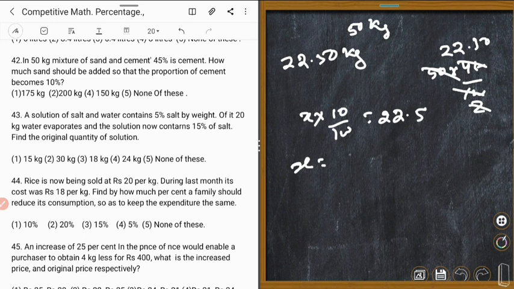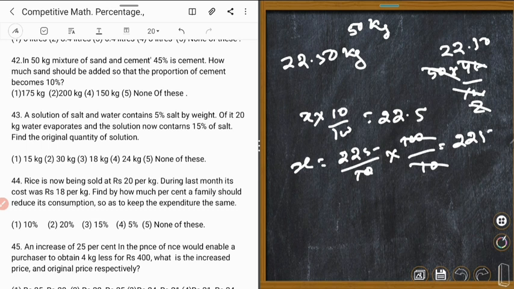So x is equal to 225 upon 10, I removed the decimal, into 100 upon 10. 10 cancel, so 225 kg.